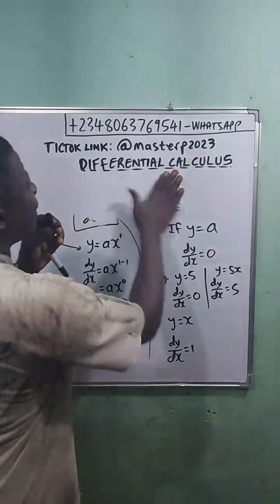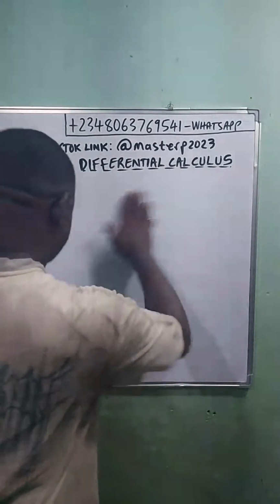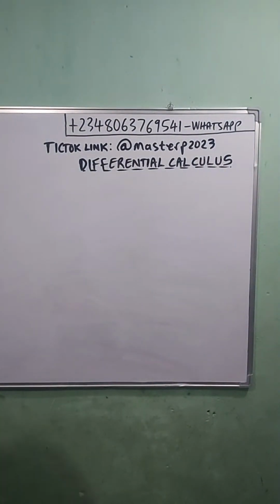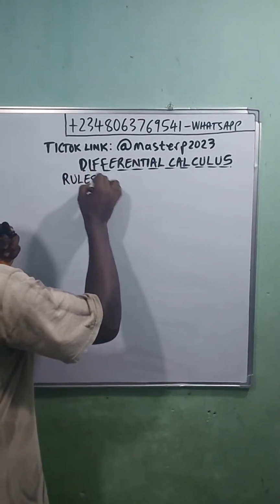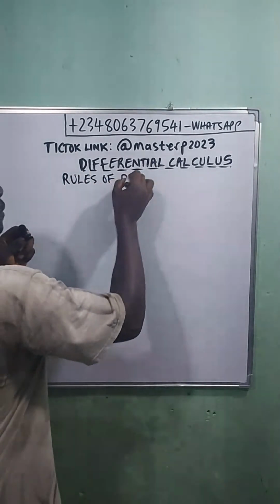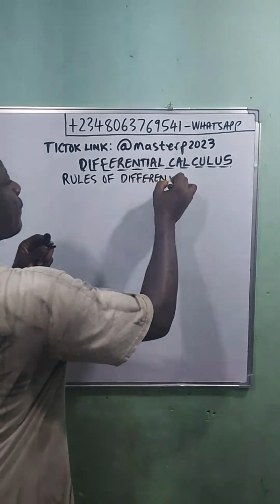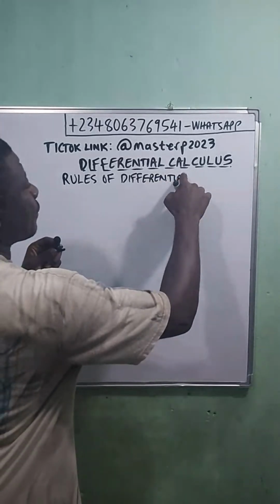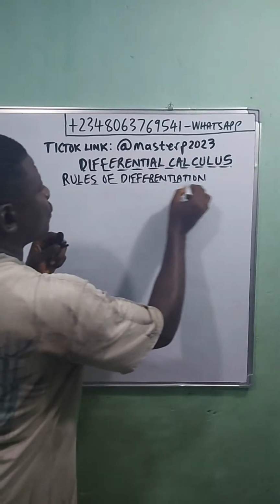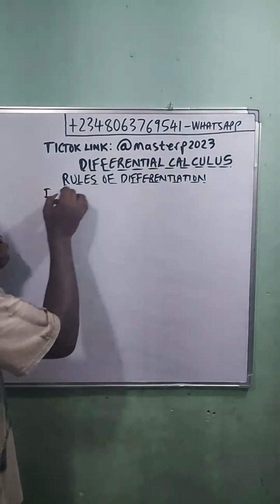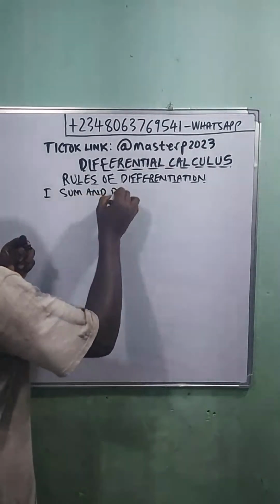Okay, so let's go now to rules of differentiation. One of the rules of differentiation is what we call the sum and difference rule.